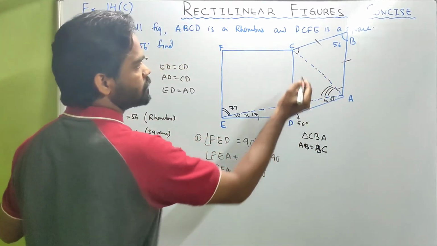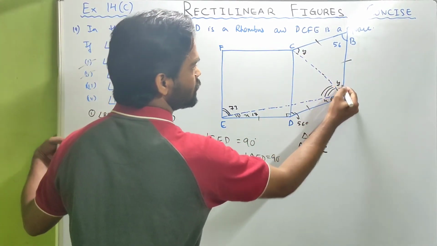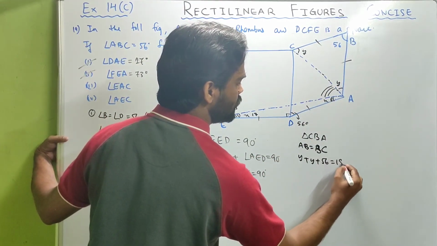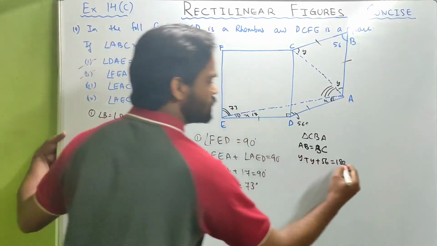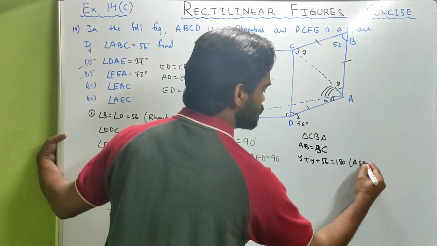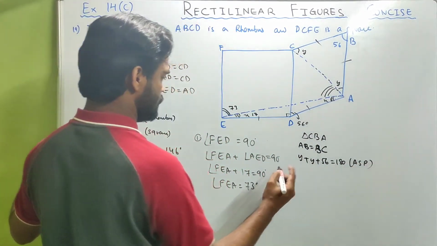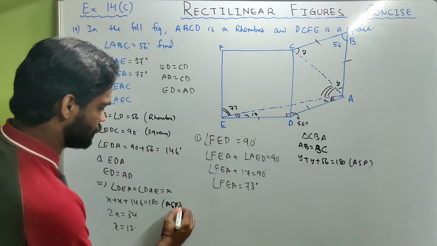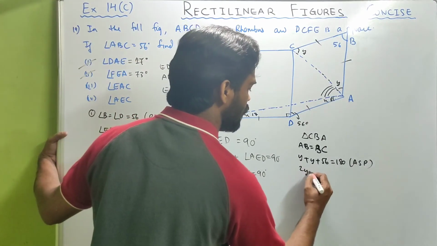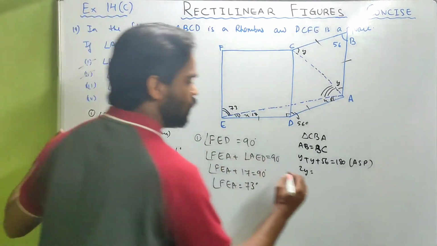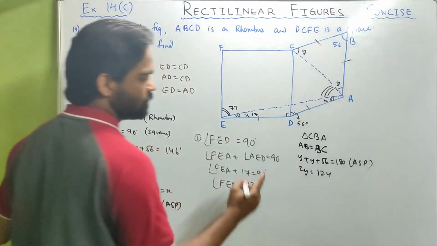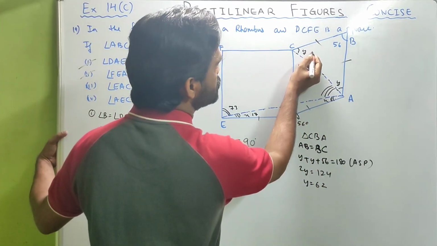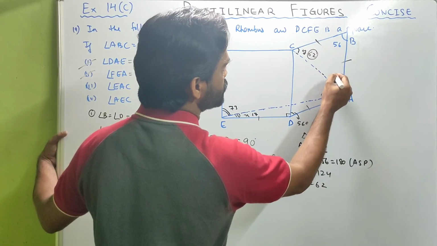Suppose this is Y and this is Y. So Y plus Y plus 56 equals 180, it becomes an isosceles triangle, angle sum property. So 2Y equals how much? 124, isn't it? So Y equals 62. So this is 62 and this is 62.